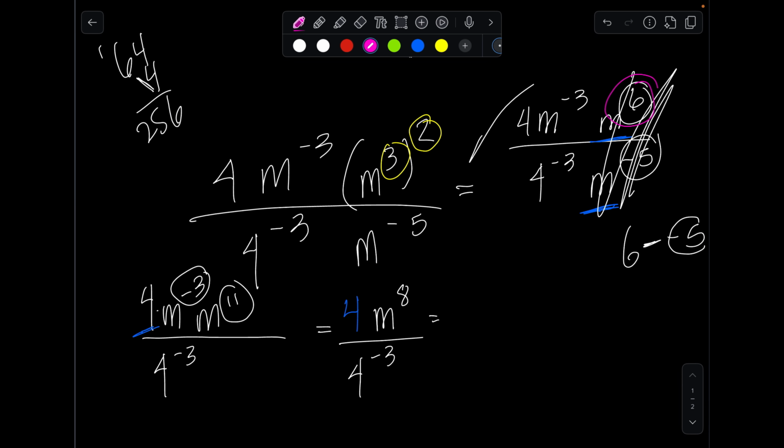All right, so instead of doing this negative 3 like that, you could just rewrite it like this. Because we don't keep exponents negative. You flip it. You put it at the bottom or top, really. So if it's at the bottom, put it at the top as a positive exponent.